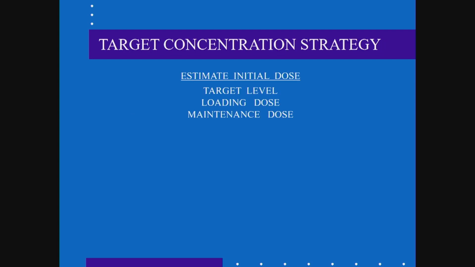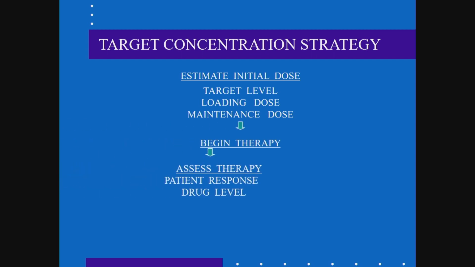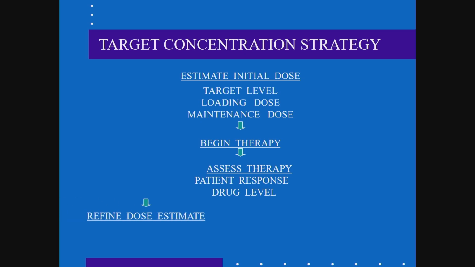So let's see schematically then what happens when using the target concentration strategy. We have an estimated initial dose that we administer with a target level in mind. Some drugs need a loading dose to establish a therapeutic concentration quickly, followed by maintenance dose. Other drugs we begin simply with a maintenance dose. Therapy is initiated, and then we have to evaluate the patient.